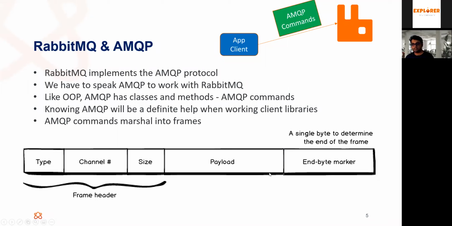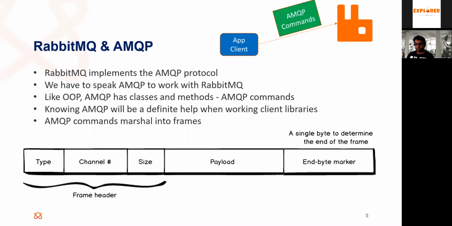It has a header and payload, and likewise channel number, size, and so on. We are not going to look into these internal details of frames, but there are five different frames used when communicating with RabbitMQ.